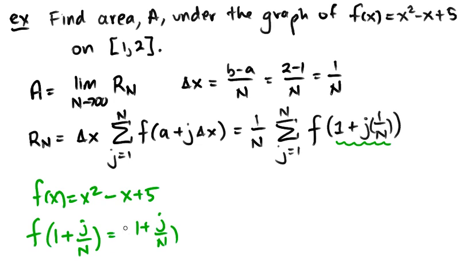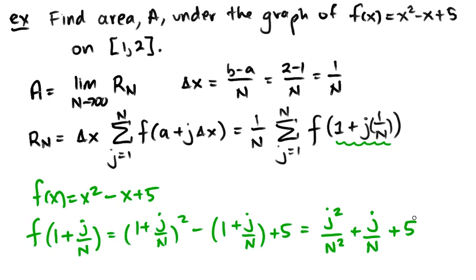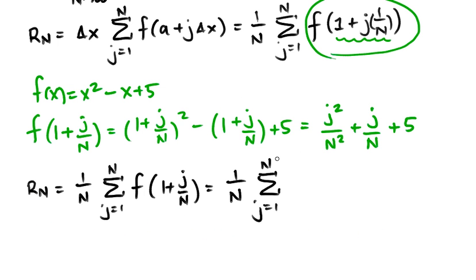So it's (1 plus j over n) squared minus (1 plus j over n) plus 5, and simplifying that magically gives me j squared over n squared plus j over n plus 5. So I substitute that in for this part, and I've just rewritten the question using the substitution.